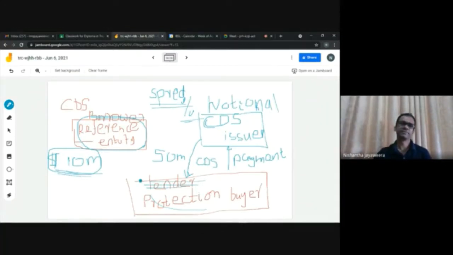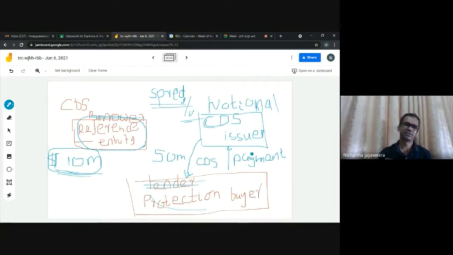So now the market thinks about this. Whenever you buy a CDS, you have to think about the risk of this CDS issuer. Earlier it was not so. Everybody expected the CDS issuer to meet its obligation, but practically they failed to do that.